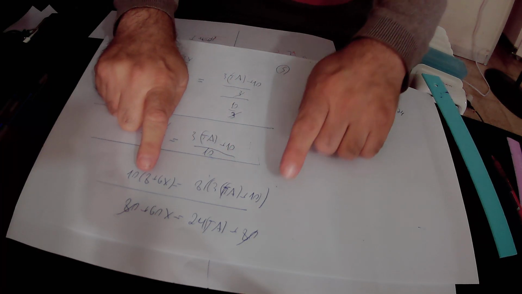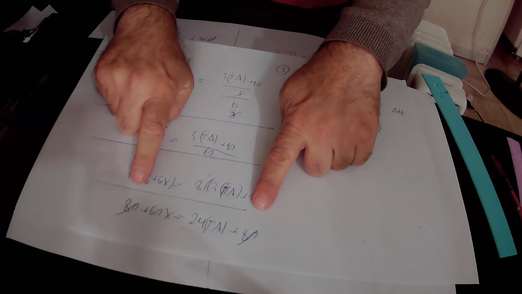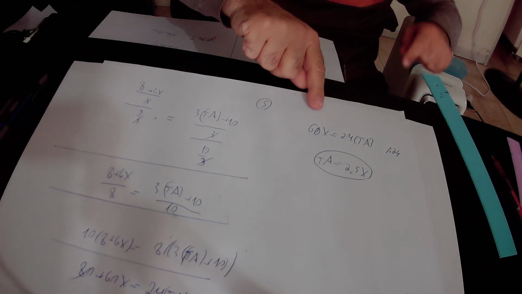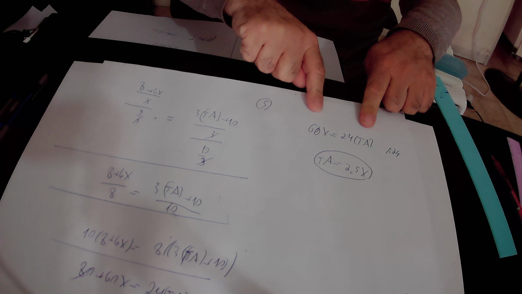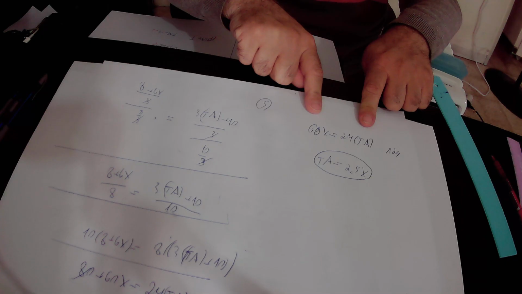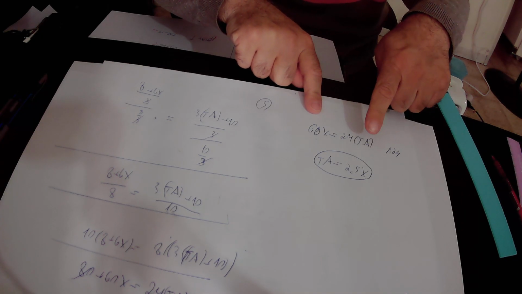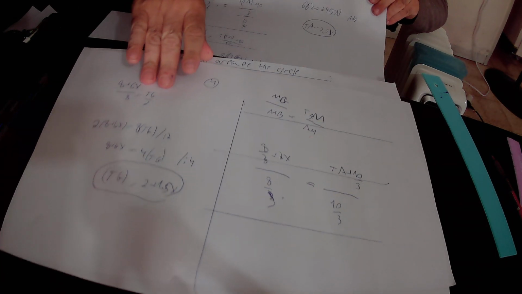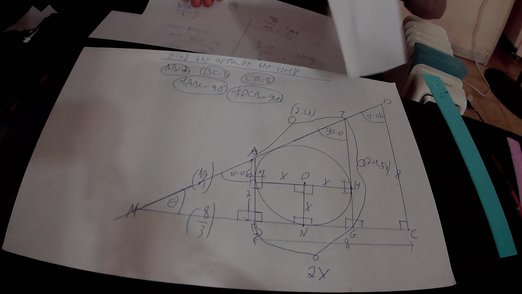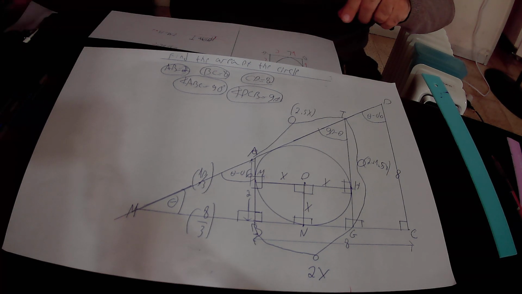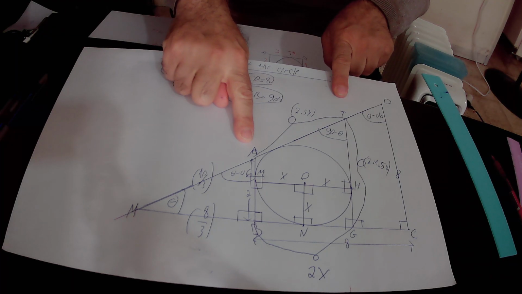We have 80 on both sides, so 80 gets cancelled and we are left with 60x equals 24TA. We divide by 24 and finally find that TA equals 2.5x in its length.